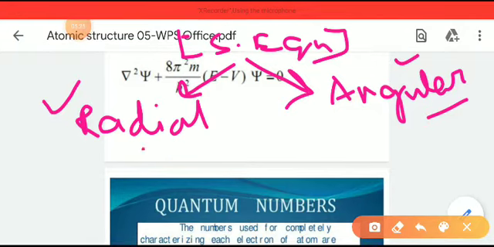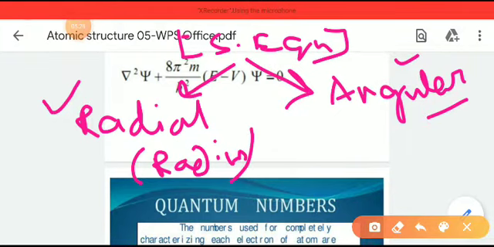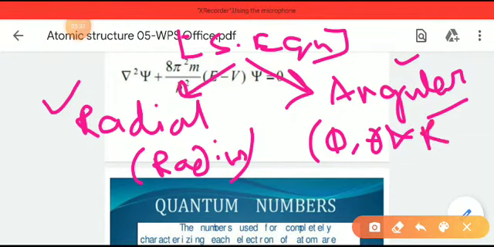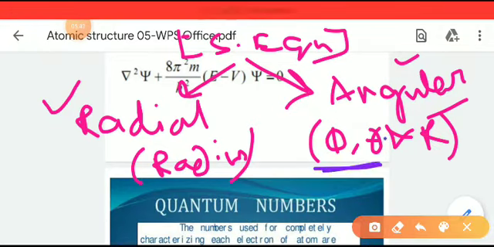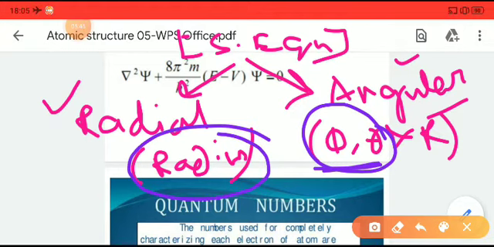The radial part only consists of the radius, that is r, but the angular part consists of the angles, theta and phi.